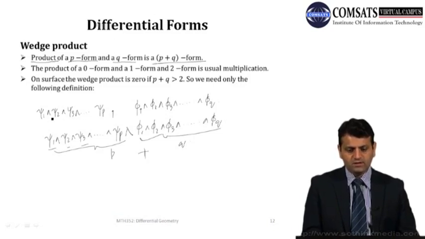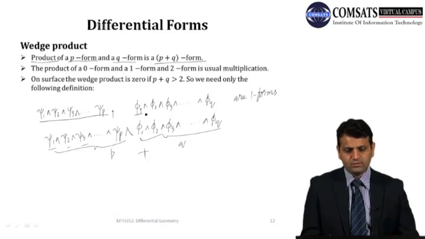Now all of these are one forms. अगर ये one forms हैं तो उनका मैं product लूँगा तो basically ये product p times लूँ तो p form हो गई, ये product लूँ तो q times हो गई, उनका आपस में product लूँ तो p plus q form बन जाएगी. और basically this is the general result.